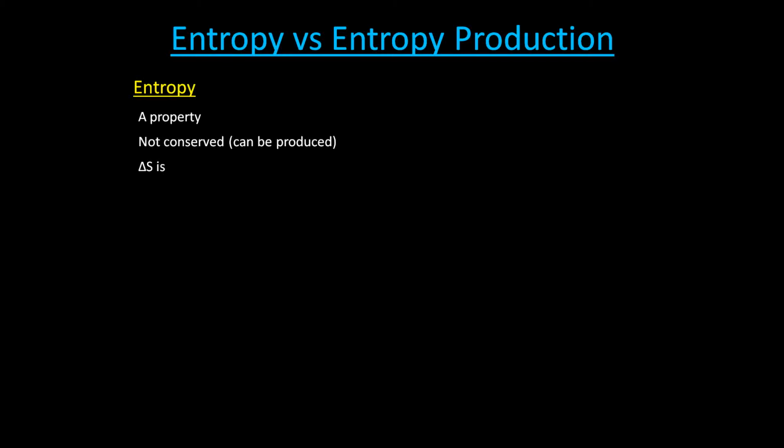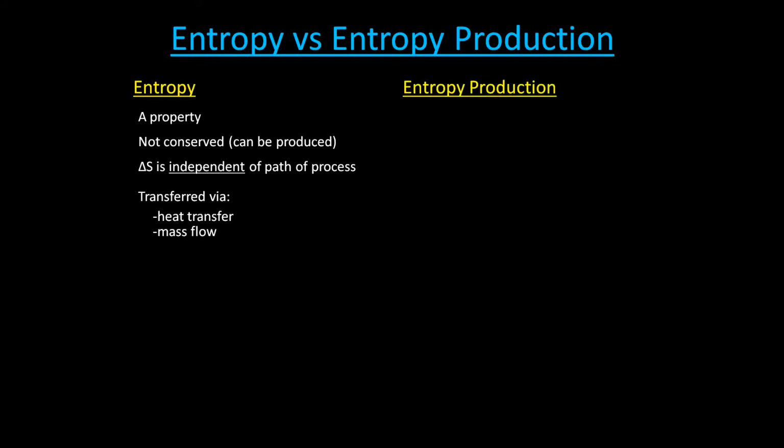The change in entropy is independent of the path of the process; we've proven that previously. And there are two ways that you can transfer entropy: via heat transfer, and via the mass flow, which we saw in the entropy balance equation.